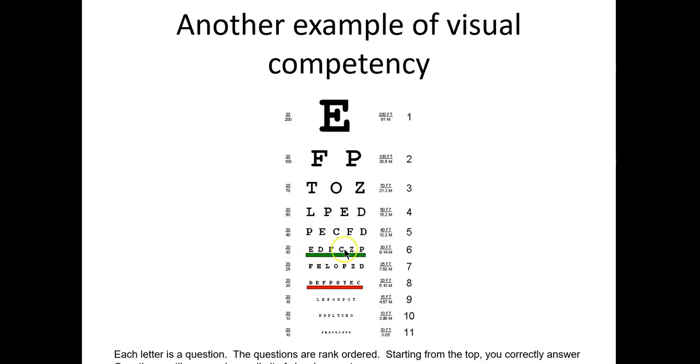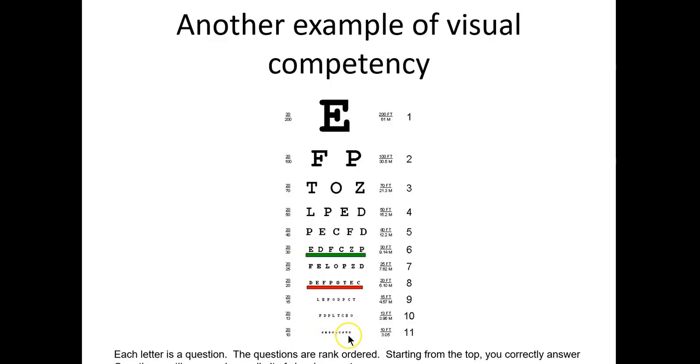Well, at the point you start screwing up, you can see everything that's bigger than that, but you really have trouble seeing the items that are smaller. So there's kind of a point along this competency scale. And when you're doing Rasch analysis, the more people that can get a letter, the easier the letter is. And the fewer people that can get a letter, you rank each of these.